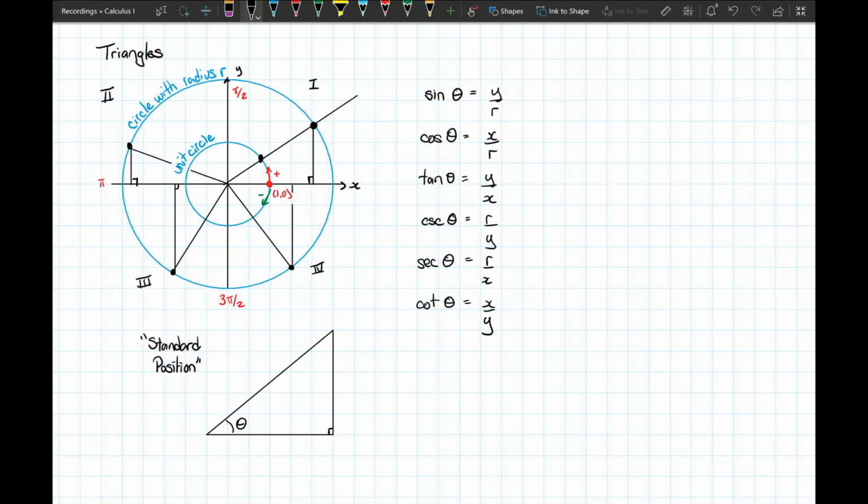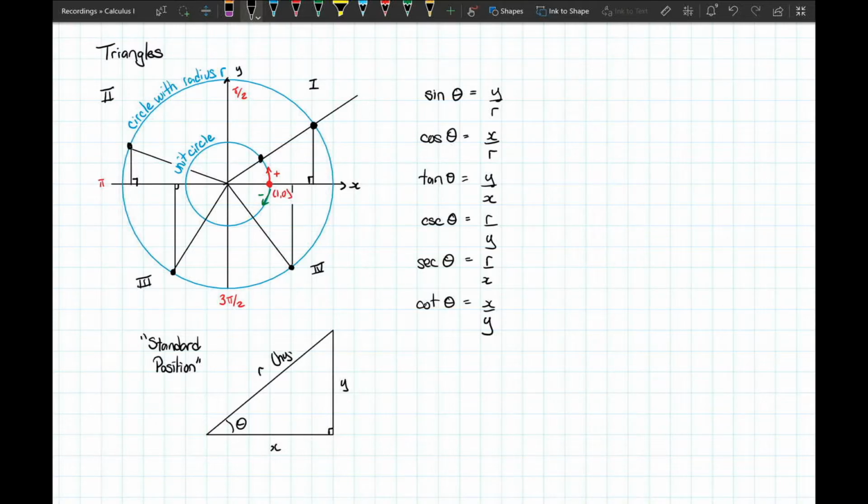We can mark these sides off as x, y, and r in order to make a sine, cosine, or tangent ratio. But there's another way to think about this, and you may be familiar with this already as another form of remembering what sine, cosine, and tangent are. We can take a look at the longest side of a right angle triangle being the hypotenuse.